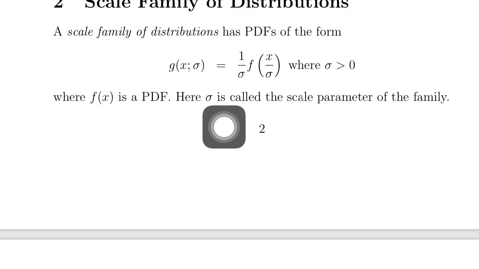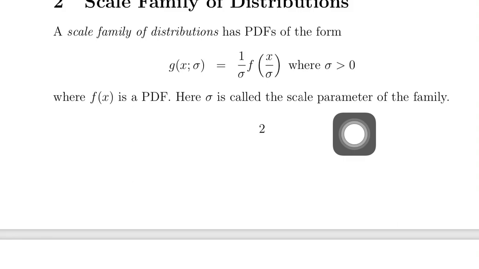This sigma is not the standard deviation; in many cases it may be the standard deviation, but not in general. The parameter sigma is called the scale parameter of the family.